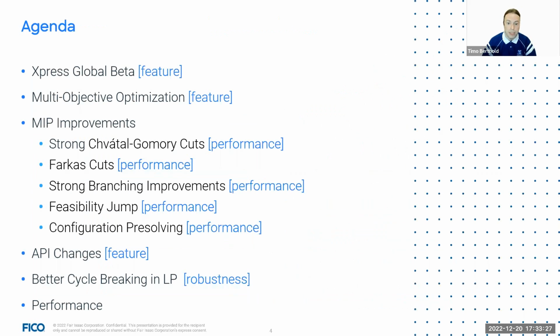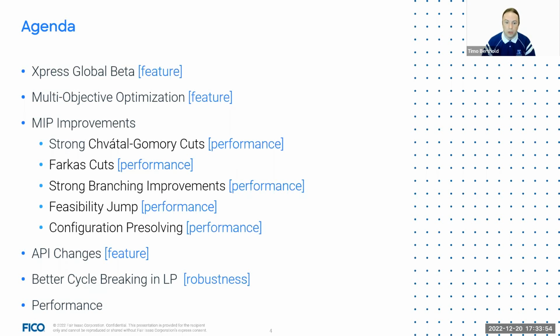In this presentation, I will describe the improvements made to FICO Xpress during the past release cycle of 6 months. The focus of this release were two massive new features for enabling you to solve new types of optimization problems. One of these features, the global solver, is so big that it did not only justify jumping from an 8.14 release version to 9.0, but this one also deserves its own video.